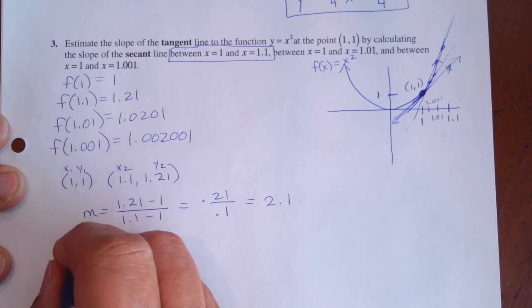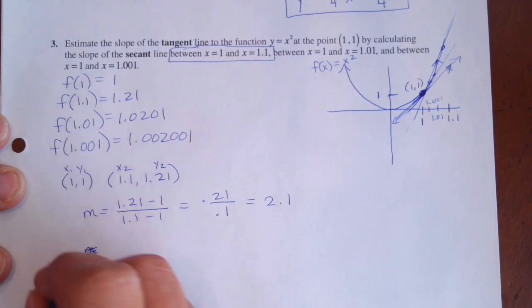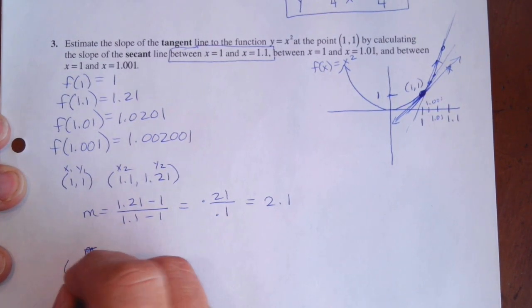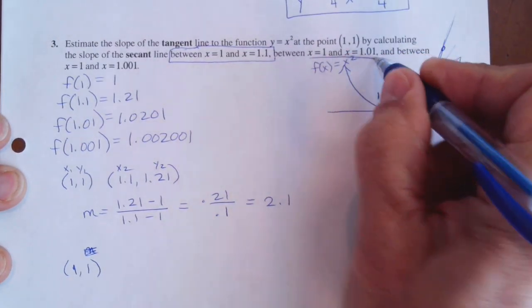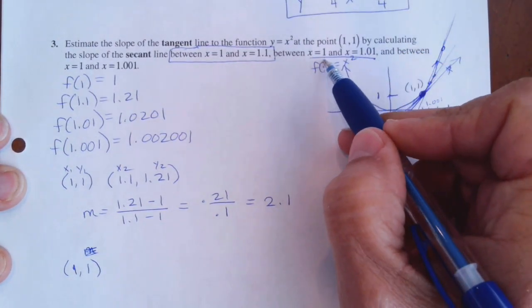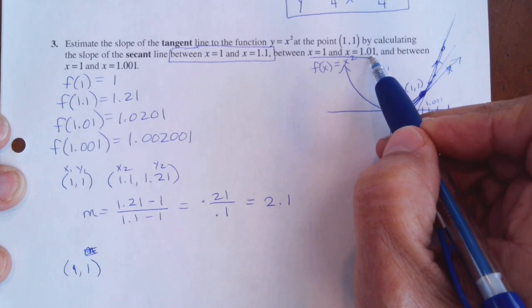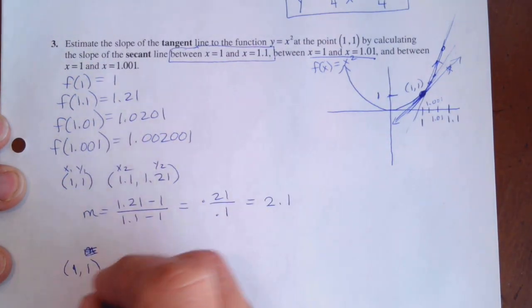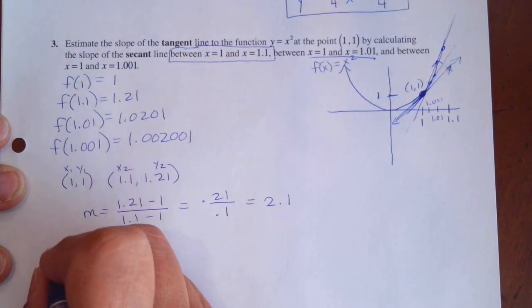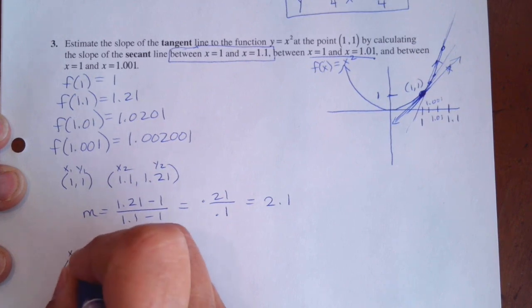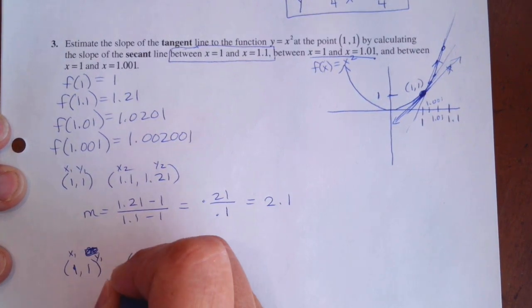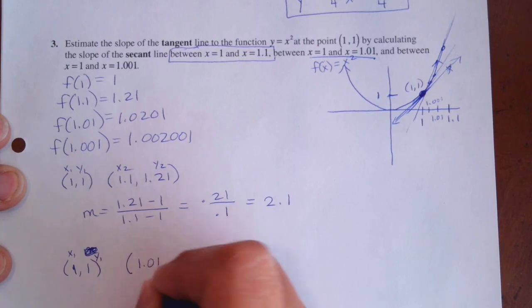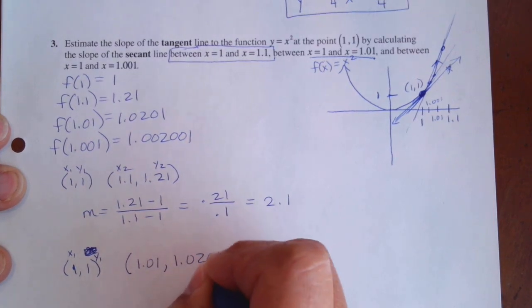All right, now we're going to find the slope of the next group, these two. So now we're going to use the point (1, 1) as x1, y1, and then the point that goes with 1.01, which is (1.01, 1.0201).